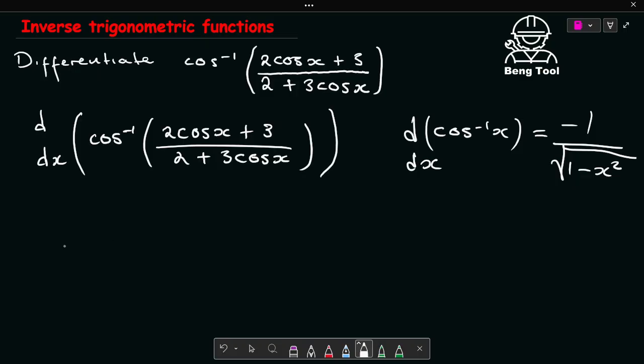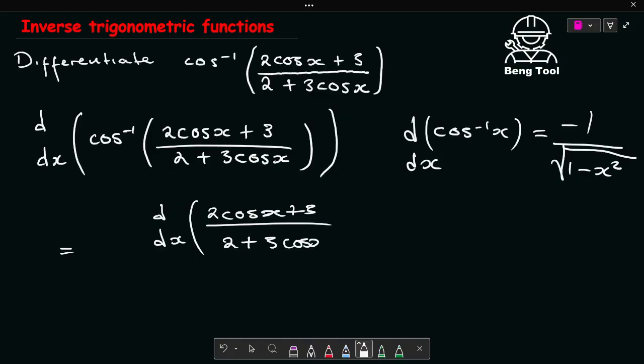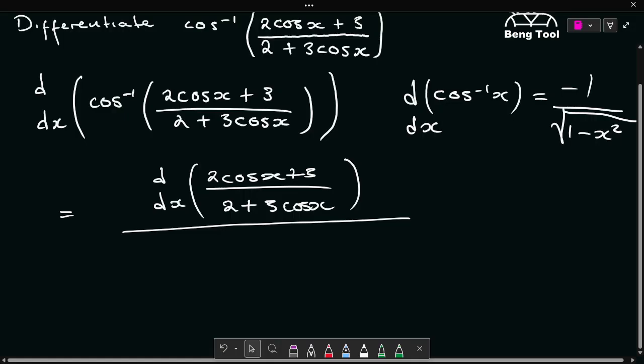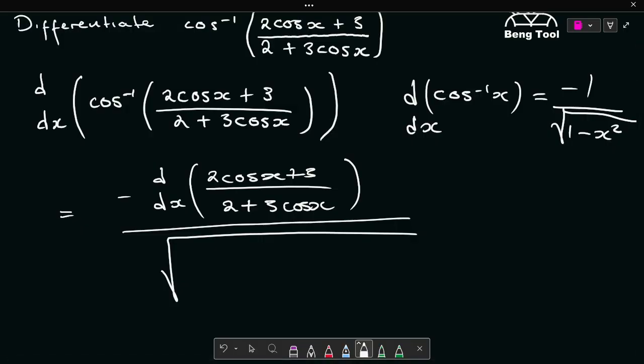So what is this going to be equal to? This is going to be equal to the differential of what is inside the brackets, 2 cos x plus 3 over 2 plus 3 cos x, over the square root of, I forgot a negative.